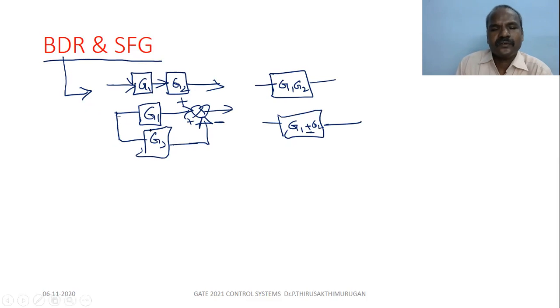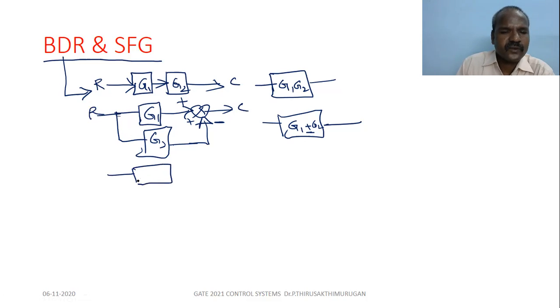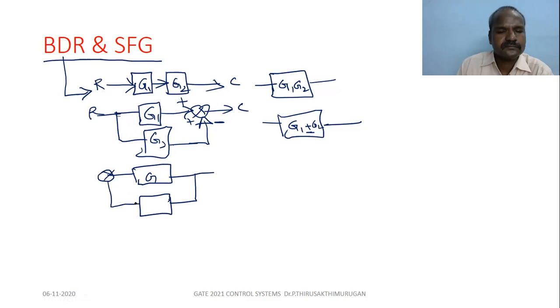Then feedback. If it is feedback, input is R, output is C, with G in the forward path and H in the feedback path.